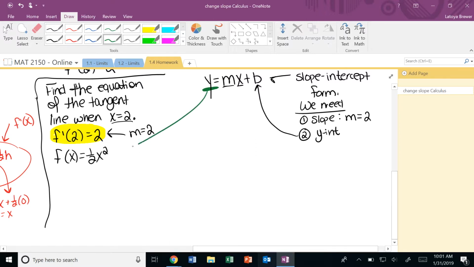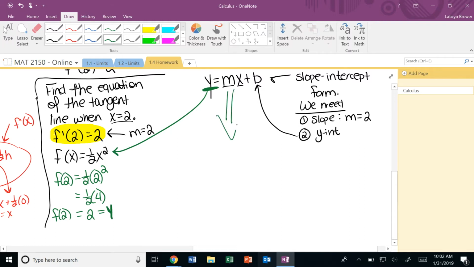So what you need to do now is substitute back into the original function. To find my y value when x is equal to 2, I substitute that 2 into the equation of f of x. That's going to give me 1/2 of 4, which is going to give me 2. So f of 2 is equal to 2. That means that is going to be your y value, right? So take everything that you have and substitute those things into the equation.